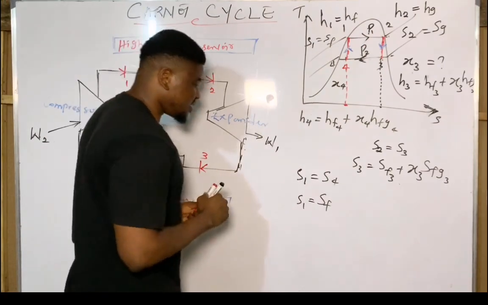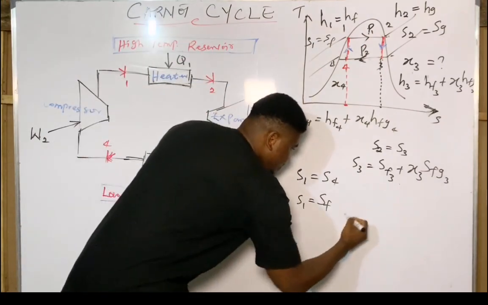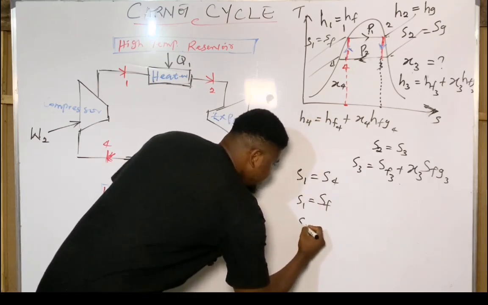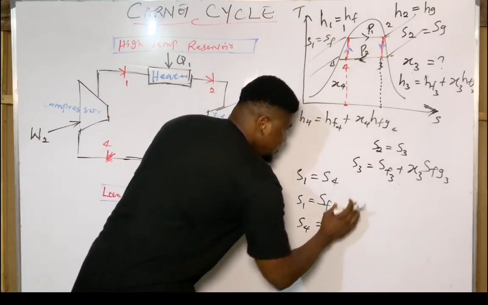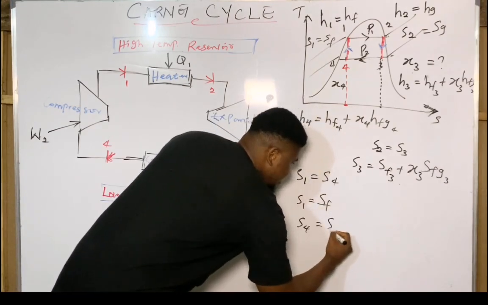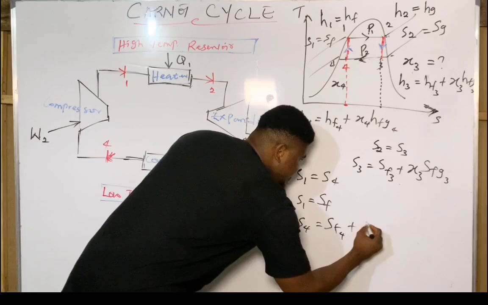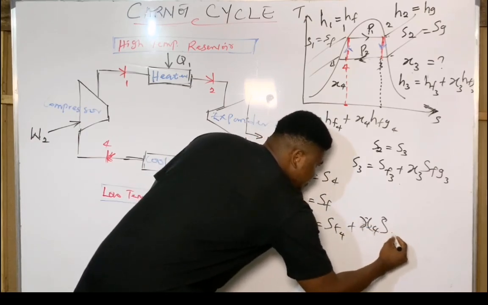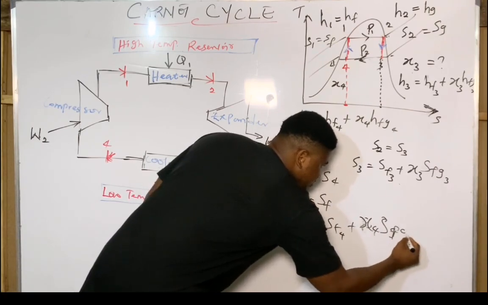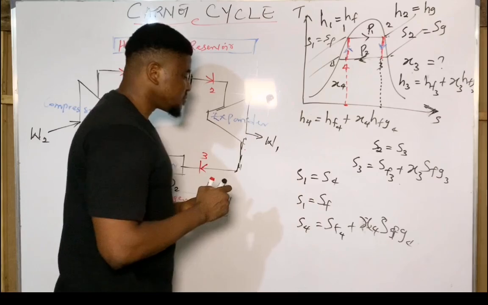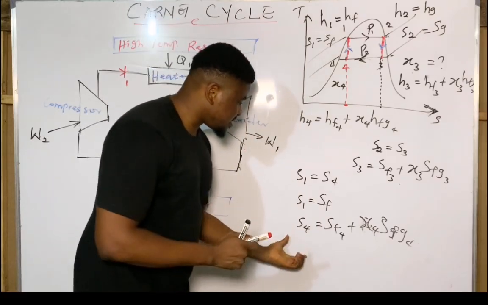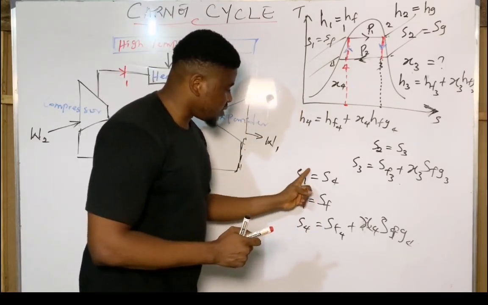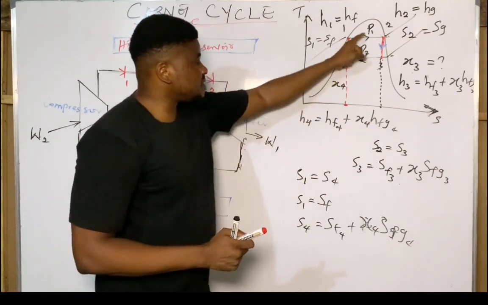Now, if you know this, you can now find S4. S4 itself is going to be equal to still the same relationship. It becomes SF4 plus X4 SFG4. So with this, you equate the two of them together, knowing fully well that you can find S1 if this pressure is known.